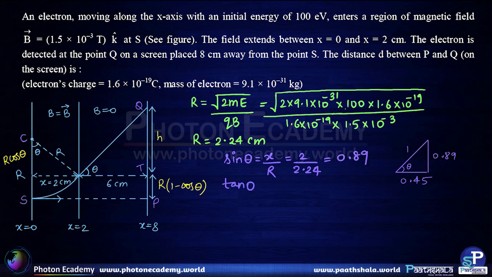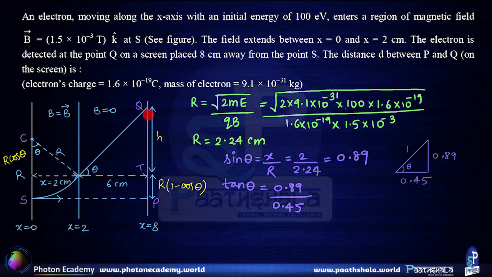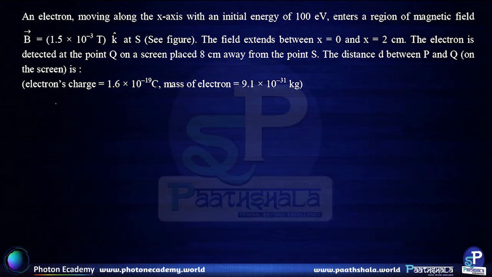Therefore, tan theta equals 0.89 upon 0.45, and from this triangle we can write tan theta to be equal to h divided by 6. So h comes out to be 11.82 centimeters. Now we have cos theta equals 0.45.